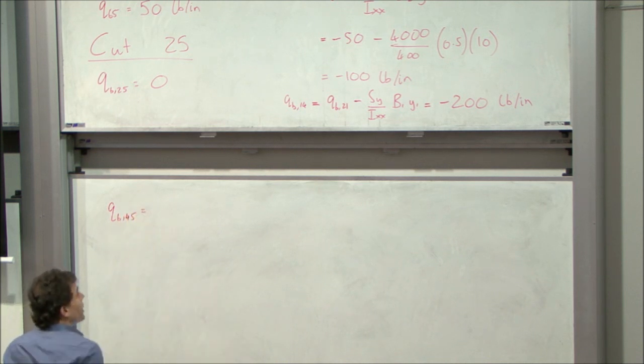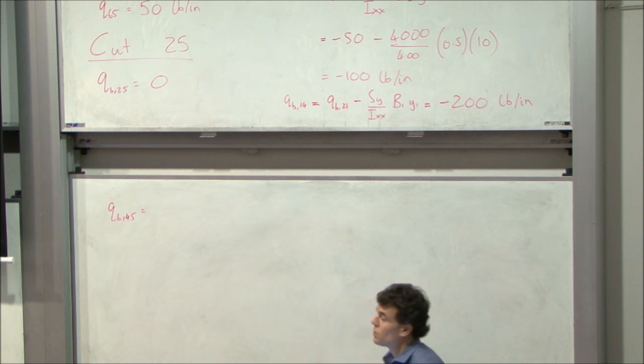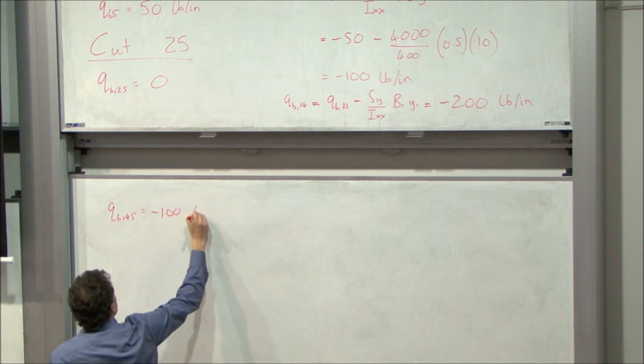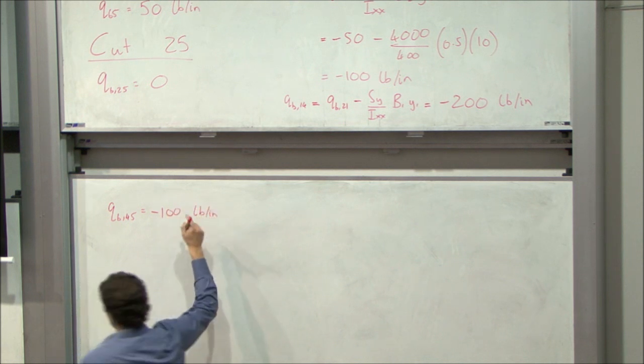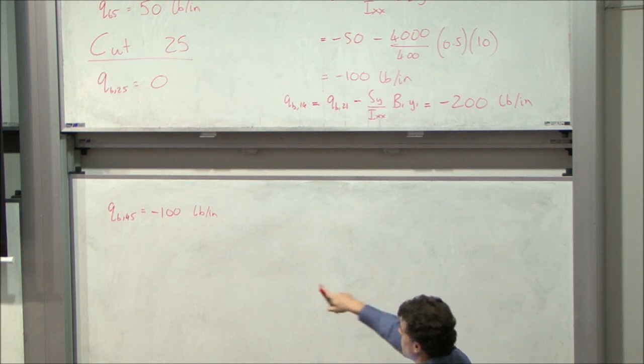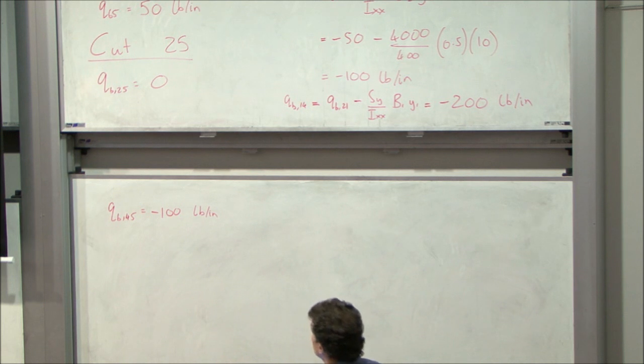What's QB45 going to be without doing any calculation, just by looking at, minus 100. So if we keep going in the same clock direction, the signs will stay the same. Question?